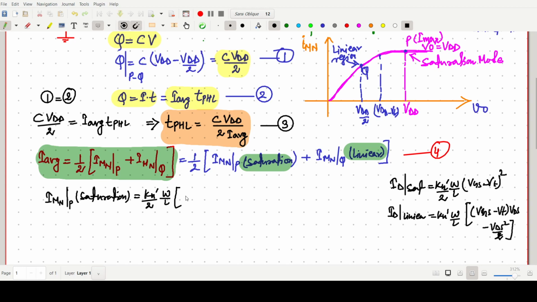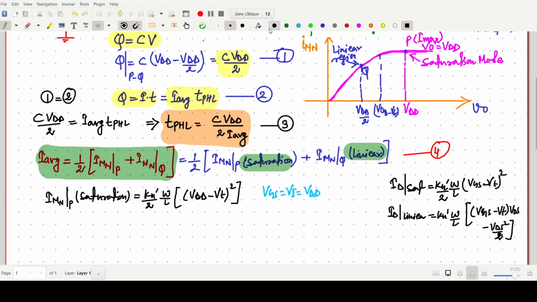So input is our VDD, so we can write it (VDD minus VT) whole square. Why? Because VGS is nothing but simply our VI, and this VI is given as high value VDD when we are giving the input high. Okay, so this one is one equation.